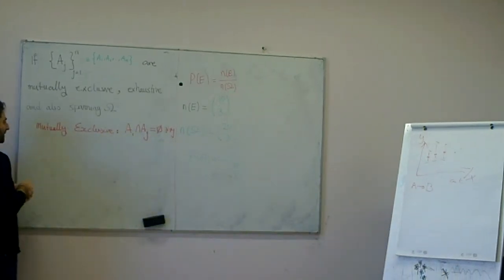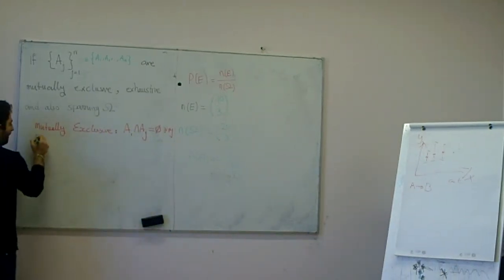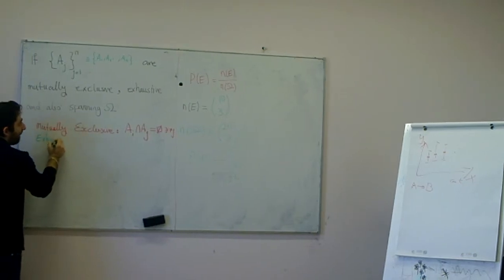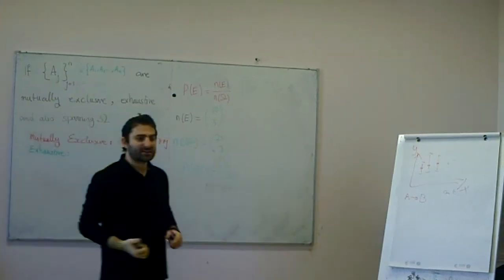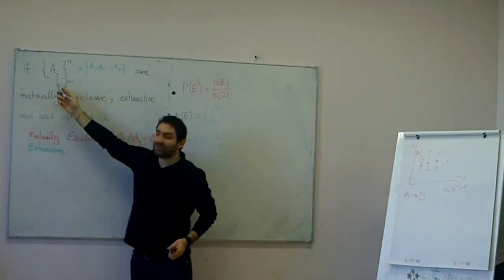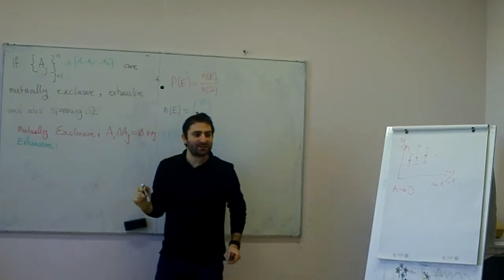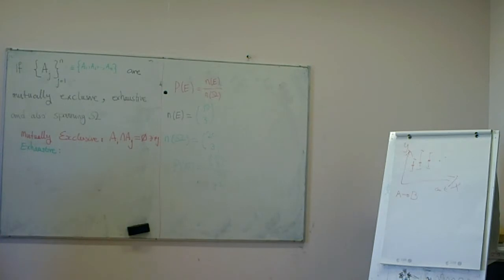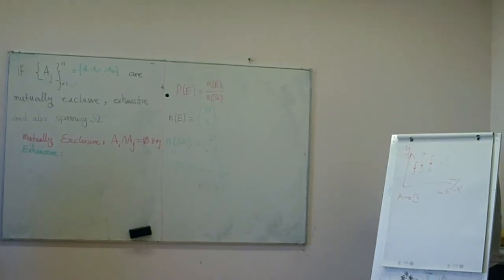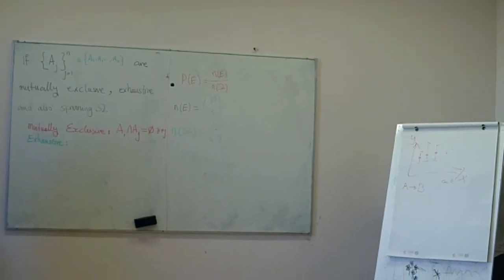What about exhaustive? If events Aj's are exhaustive, what does it mean? It is a new term. I think they span all the global sets.